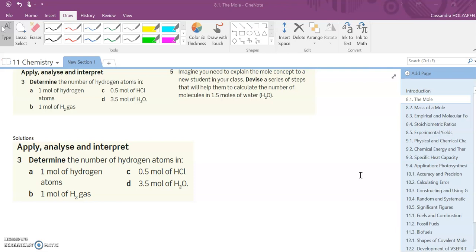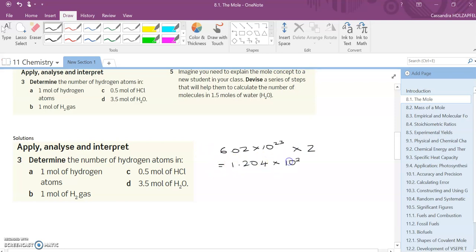So I know that if it was 1 mole, it would have 6.02 times 10 to the 23 atoms, right? But we don't have H1 here, we've got H2. So I'm going to double that, and that's going to give me my answer for 3B, which is going to be 1.204 times 10 to the 24 atoms, okay?